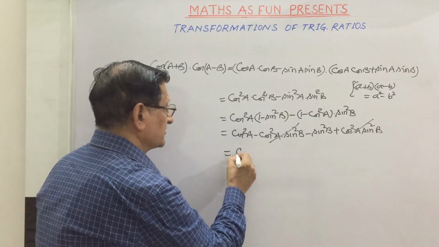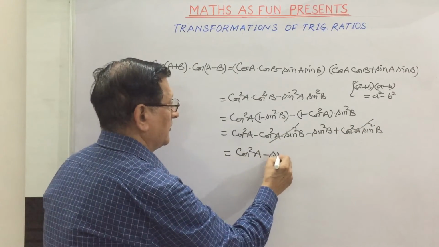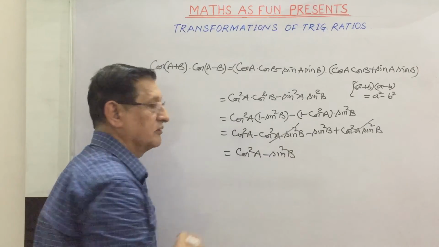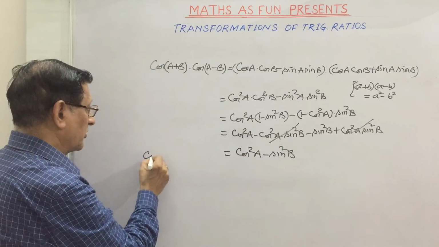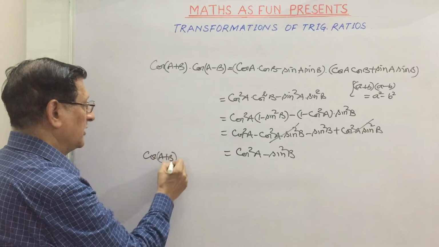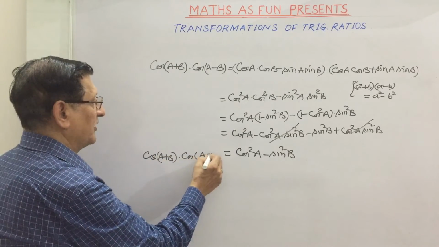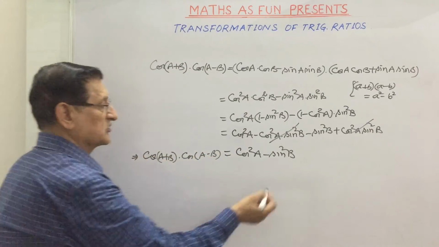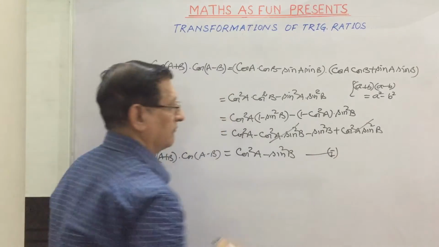And the formula comes as cos square A minus sine square B, which is the product of cos (A plus B) and cos (A minus B). This becomes the first formula.